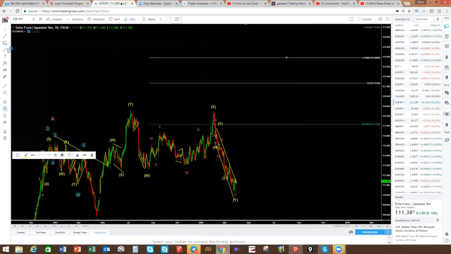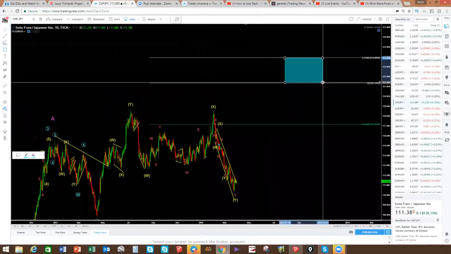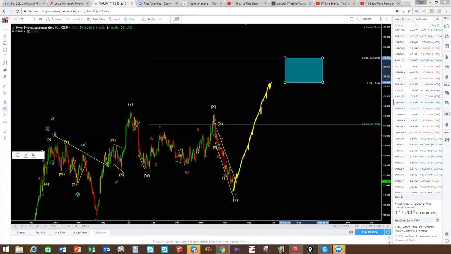I'm looking for this. We'll be looking for a move up to this level here. But we have not got confirmation that that is the move as yet. So giving you this as a W, this is a X, Y, right? So actually the move will be this one because it truncated here. So this move ends here.